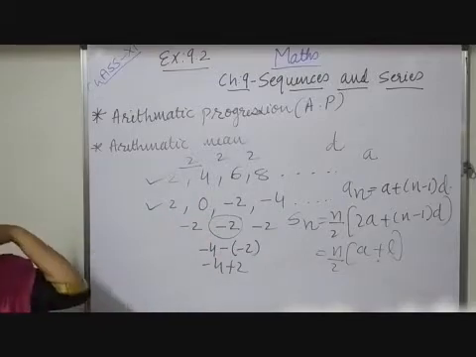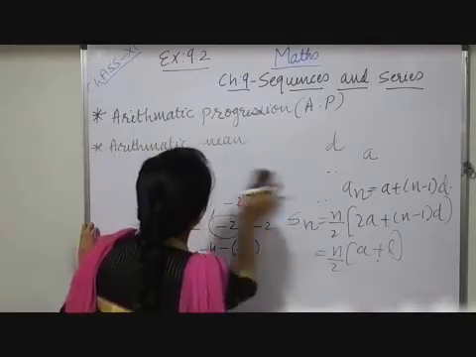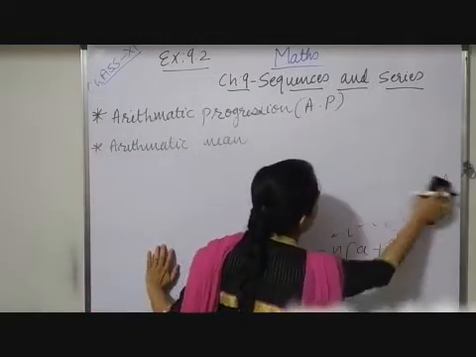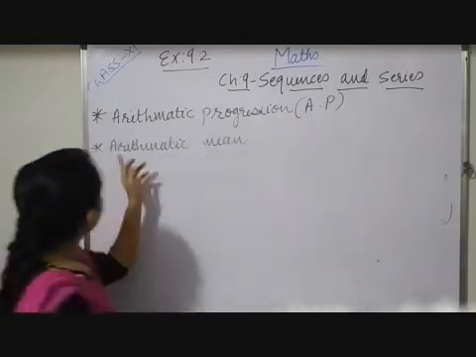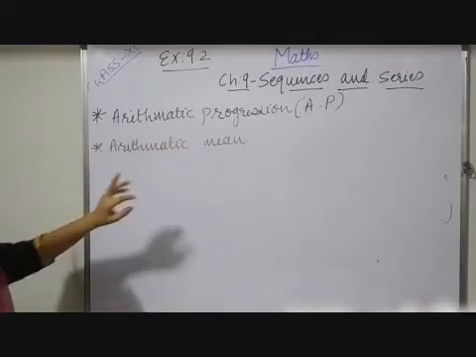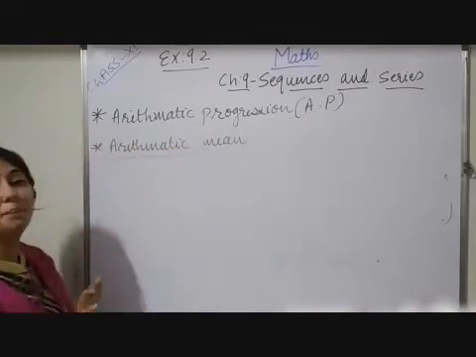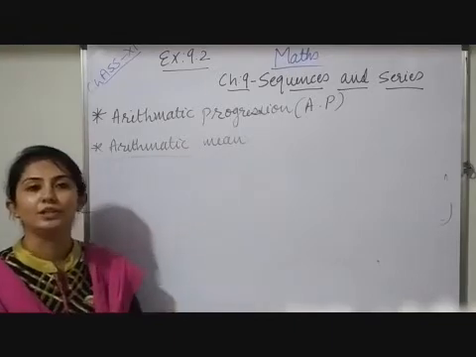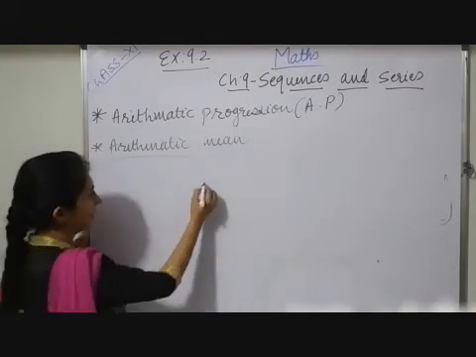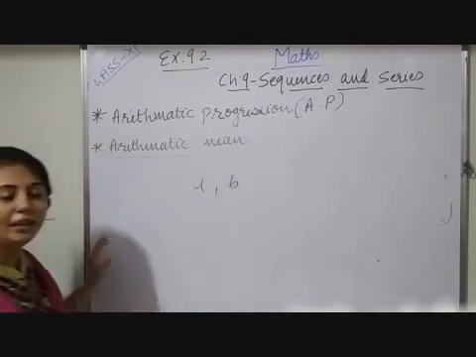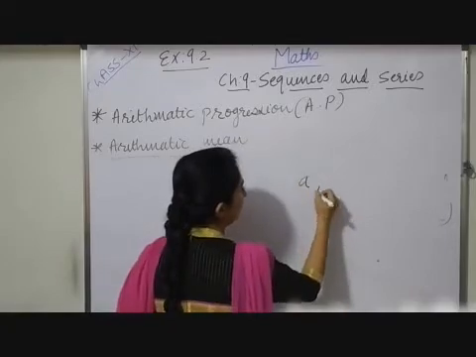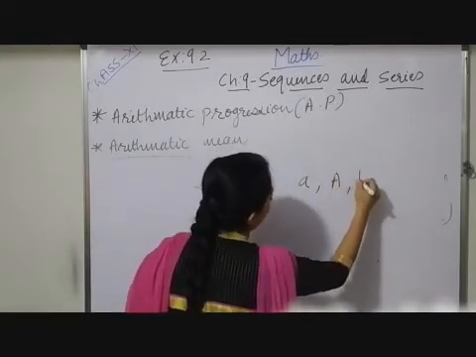Now, what is an arithmetic mean? Mean means average, which we have to take. Arithmetic mean means from an AP we take some terms and find their mean. Suppose I have terms a and b between which I want to insert a number capital A. I can write it as a, A, b. This capital A is known as the arithmetic mean, and you can write it as A equals (a plus b) by 2. This is the formula to get the arithmetic mean. It is just the average of your two terms. If I insert it between two terms, that will also be an AP, by substituting the particular average.